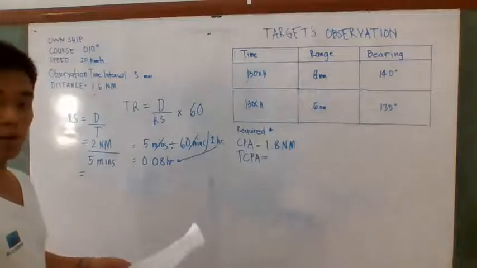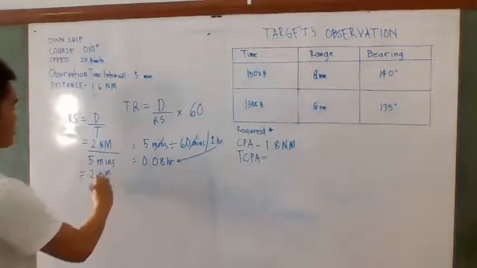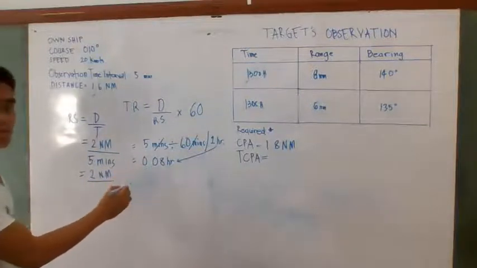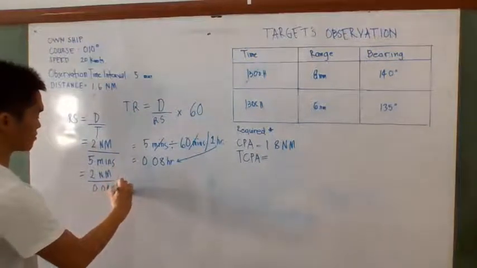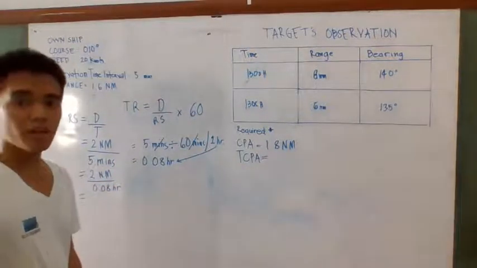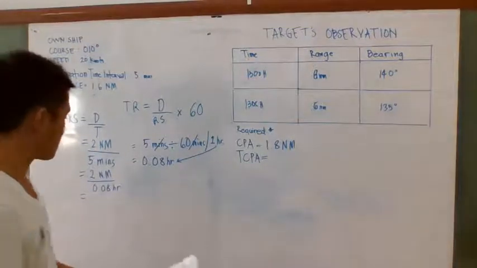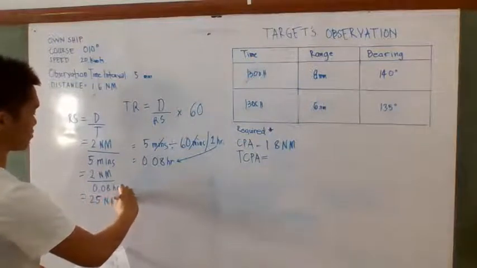So now we'll proceed: 2 nautical miles divided by 5 minutes, or 0.08 hours. So now we are able to solve for relative speed, and our relative speed is 25 nautical miles per hour.